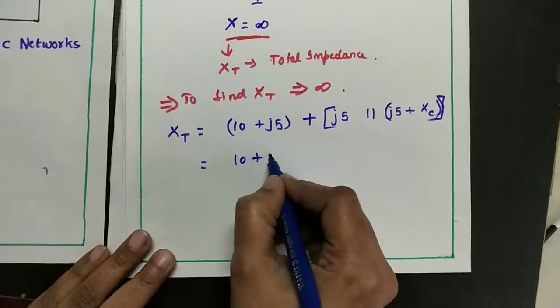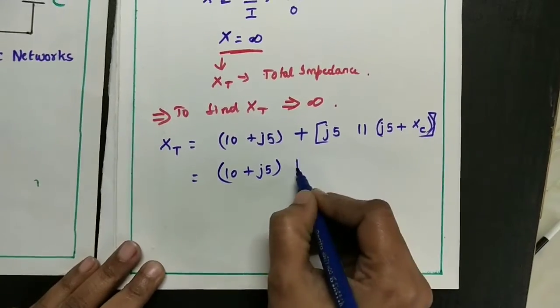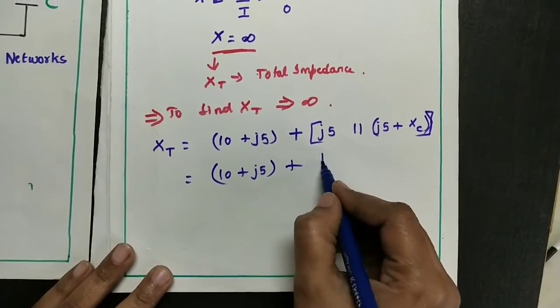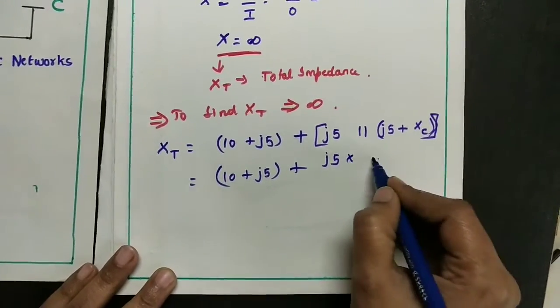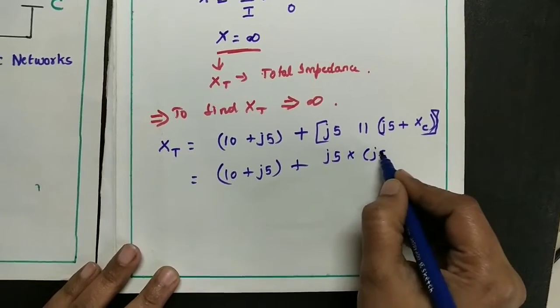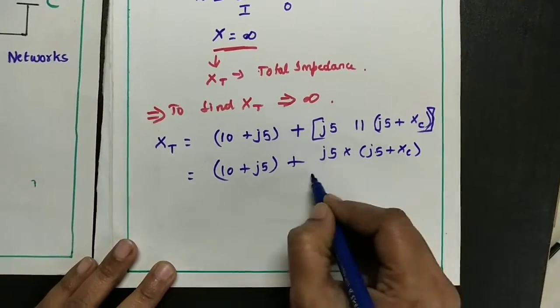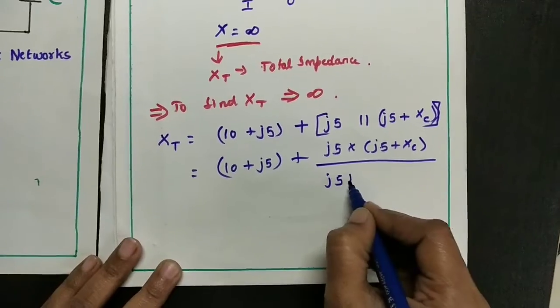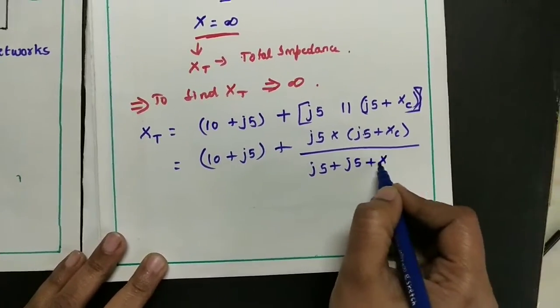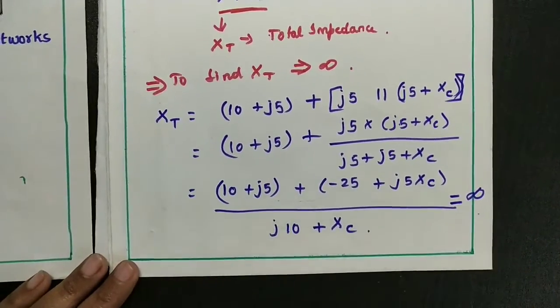Now 10 plus j5, plus, for the parallel condition, j5 into (j5 plus XC) by (j5 plus j5 plus XC). This simplifies as infinity.